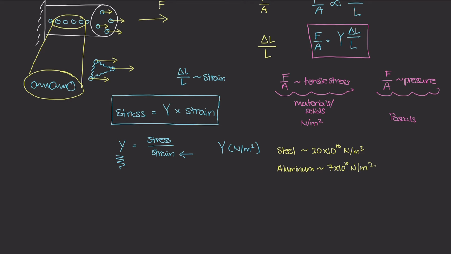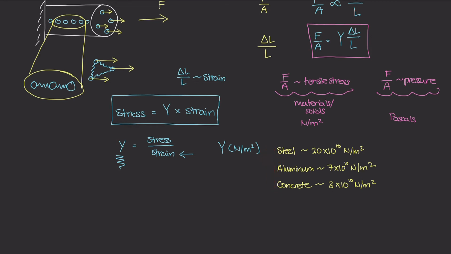And finally, concrete has a Young's modulus of 3 times 10 to the 10th newtons per meter squared. So you can see that steel has a very high Young's modulus and concrete has a very low Young's modulus. Of course, this is all relative, but you can very loosely think that the softer the material, the lower the Young's modulus, and the harder, stiffer, and more rigid a material is, the higher the Young's modulus.